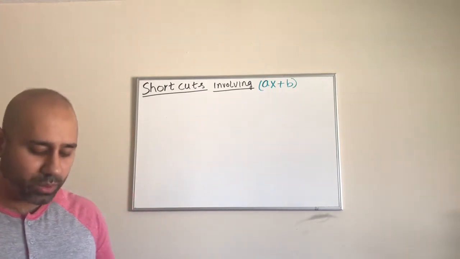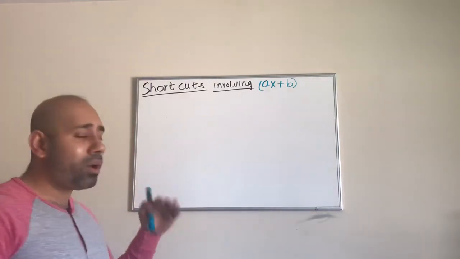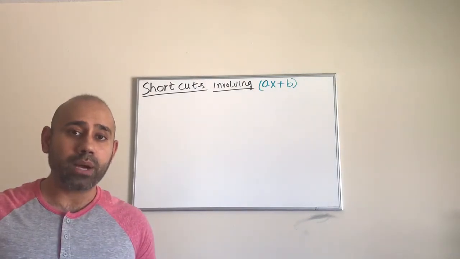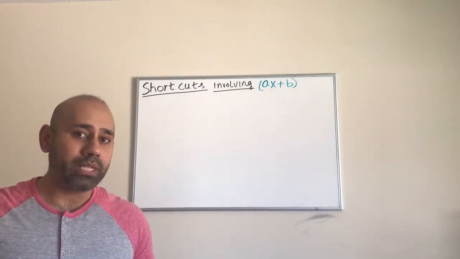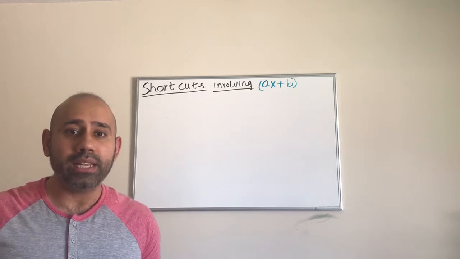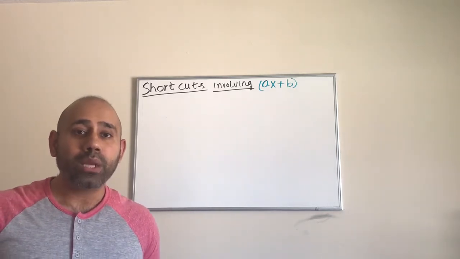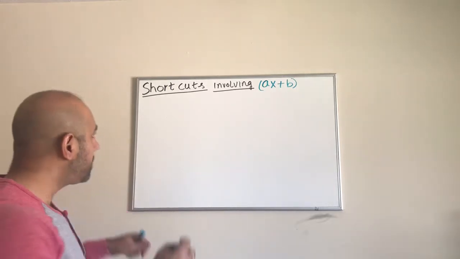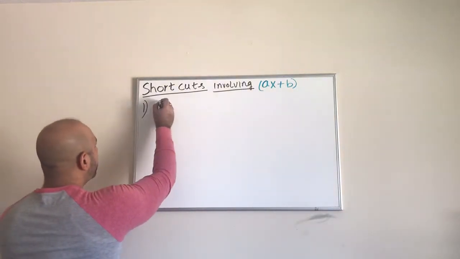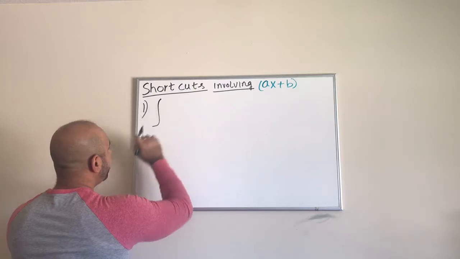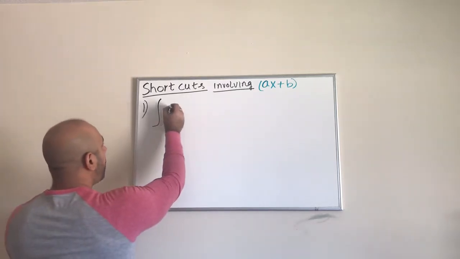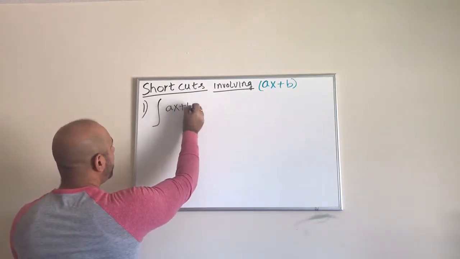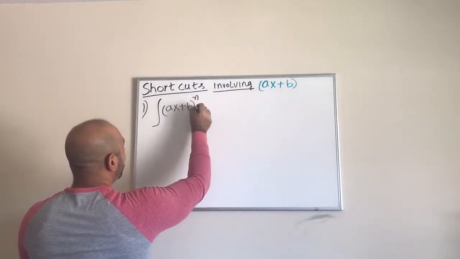Okay, so guys, keep in mind, all of these four types that I'm going to talk about will involve ax plus b, which you can think of more like a linear function. You remember y equals mx plus b, which is a linear function, so it is similar to that. The first one is, we are doing indefinite integrals of something of the form ax plus b raised to the power n, with respect to dx.